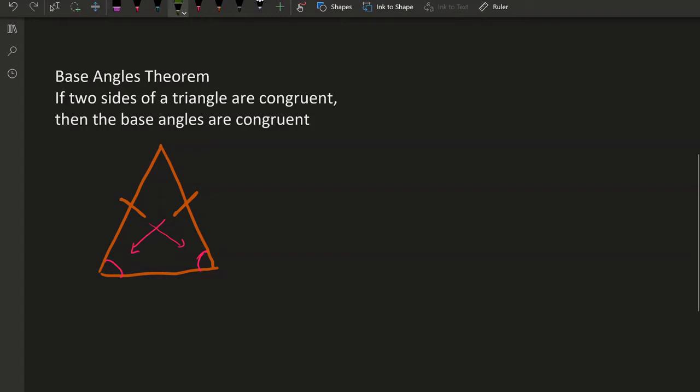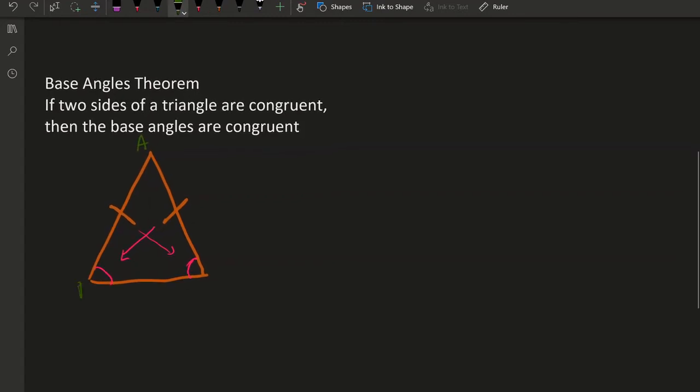So let me go ahead and label this A, B, C, and the way we would do that is we would say if AB is congruent to AC, then angle B is congruent to angle C.